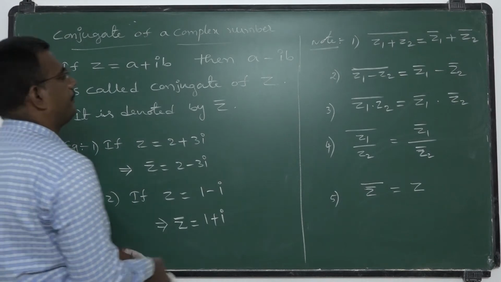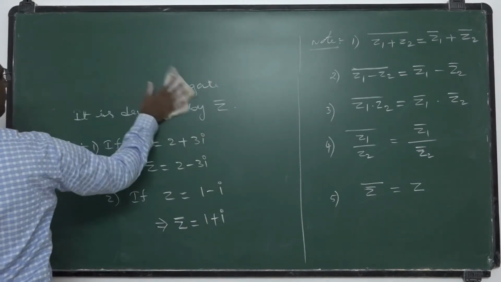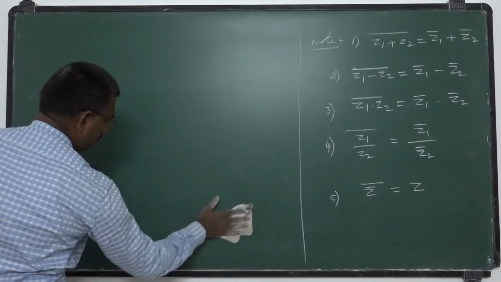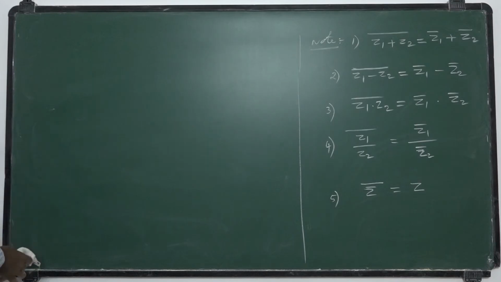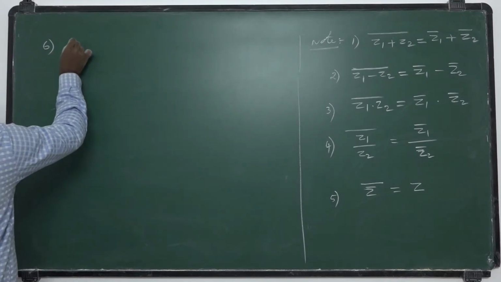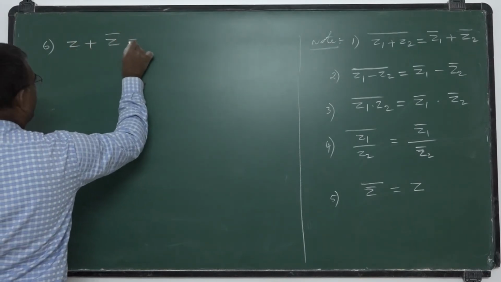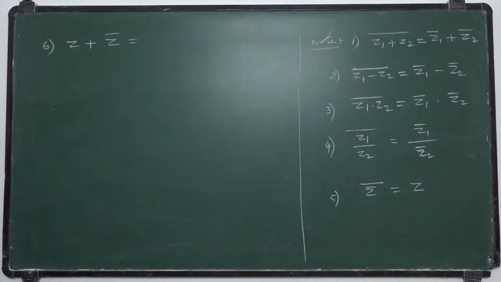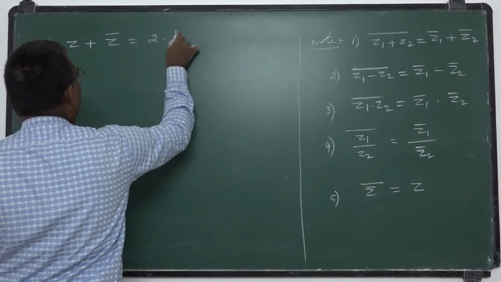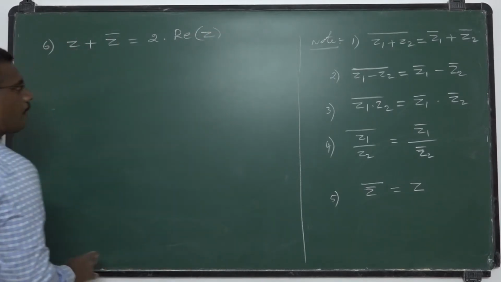Next point. z plus z bar, a complex number plus its conjugate, is always equal to 2 times the real part of z.